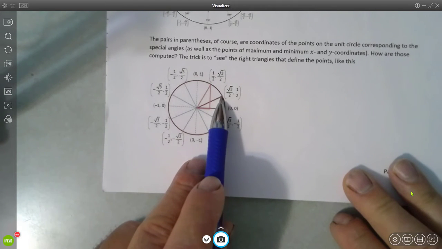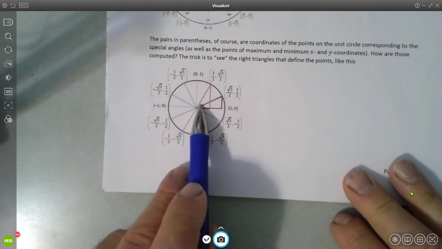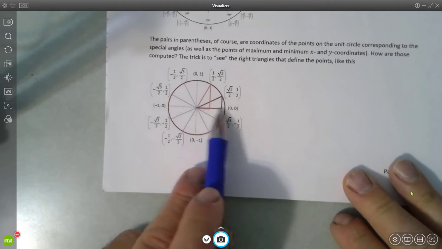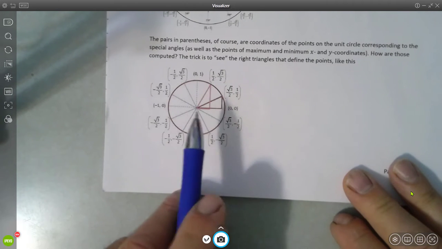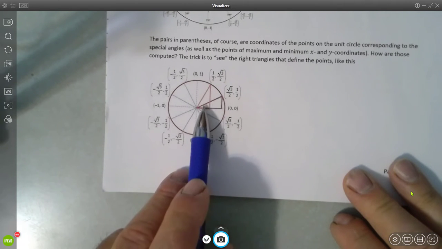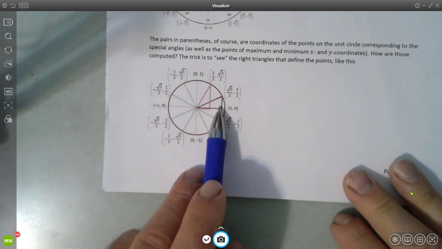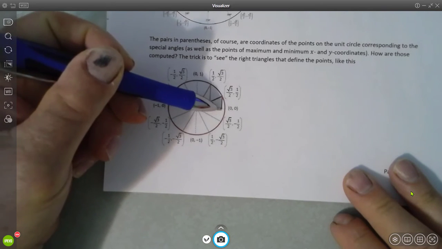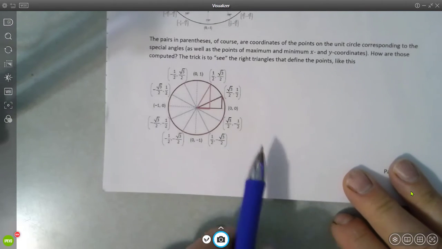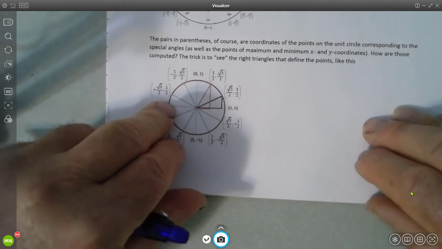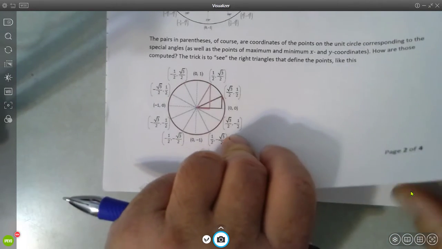We go straight up, hit the point where the 30-degree ray intersects the circle, and that defines a triangle for us. And we can use the properties of the 30, 60, 90 right triangle in order to compute the coordinates of this point. The x-coordinate is the length of this side, the y-coordinate is the length of this side. And we're going to find out that those are root 3 over 2 and 1/2. And that's what we're really going to look at on this page in detail.